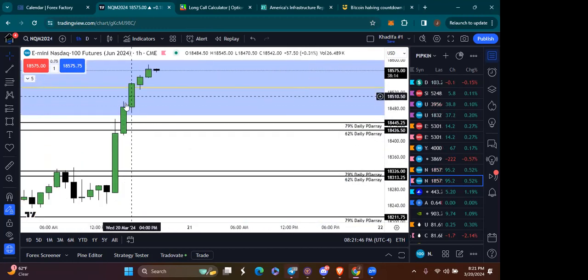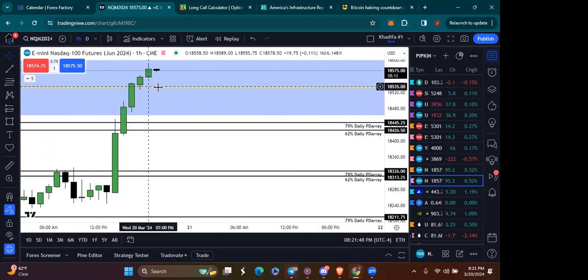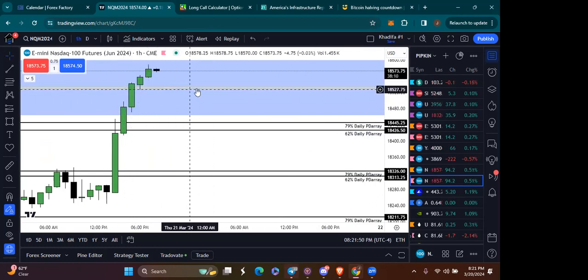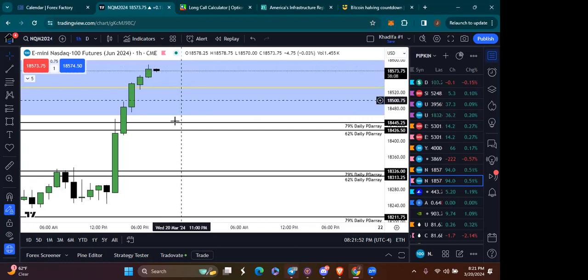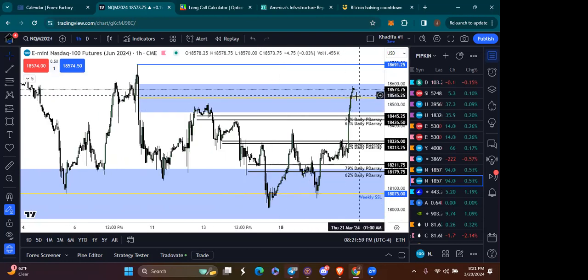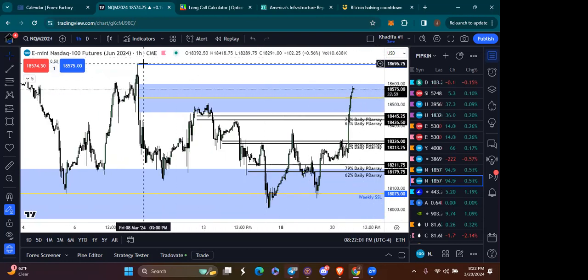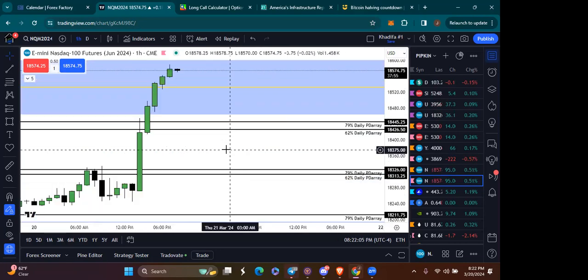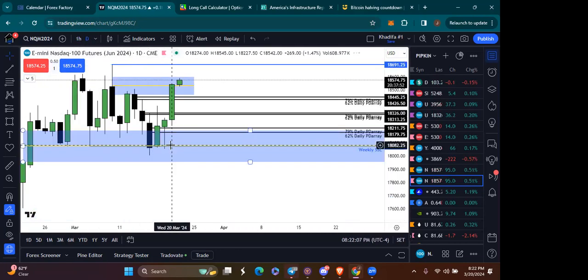I want to see this fair value gap right here left open. I want to see price stay above consequent encroachment of the hourly fair value gap, and I want to see us run higher from that consequent encroachment to run that weekly buy side liquidity, right? Cool beans.